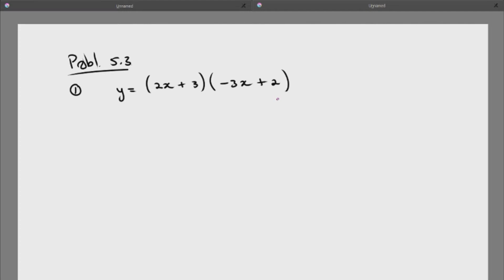So if we look at problem 5.3 and we just take number 1, for example, my function, let's call it y, is 2x plus 3 times negative 3x plus 2.